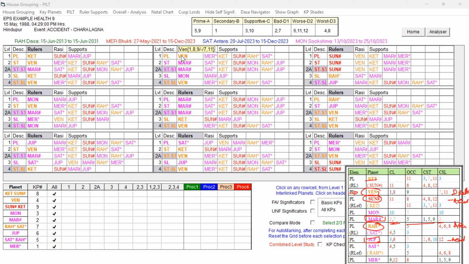Lagna lord and eighth lord in the star of Mars 2-7. So it is indicating some weakness to the Lagna on the longevity. Right? Now let us check the Lagna sublord. Lagna sublord planet is Mercury. Mercury at the star level is not a red color planet. It is Moon. And Moon, actually, is a mixed one.